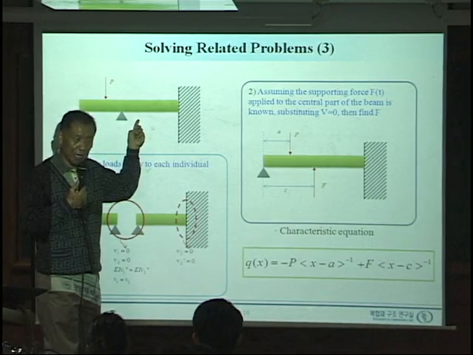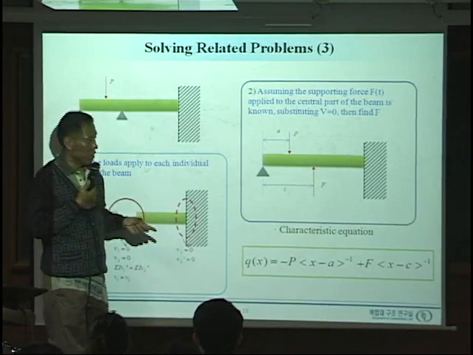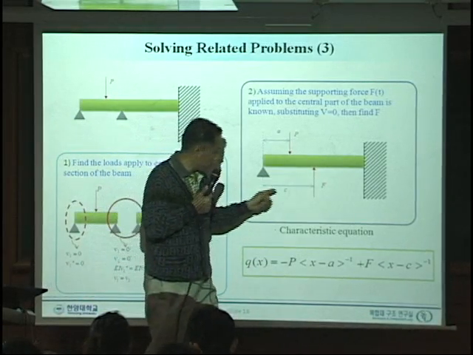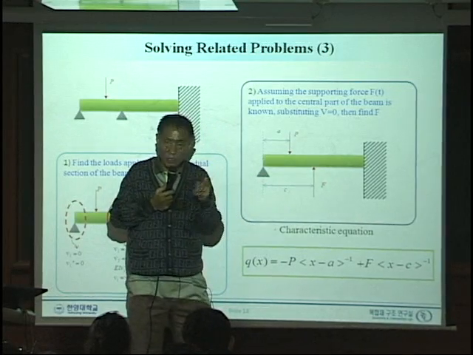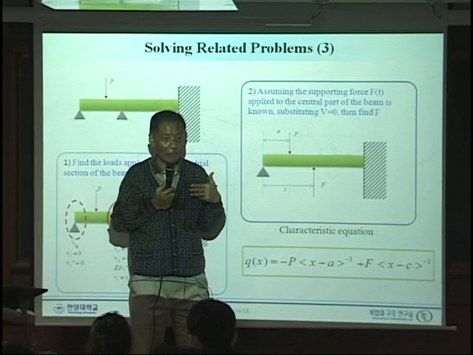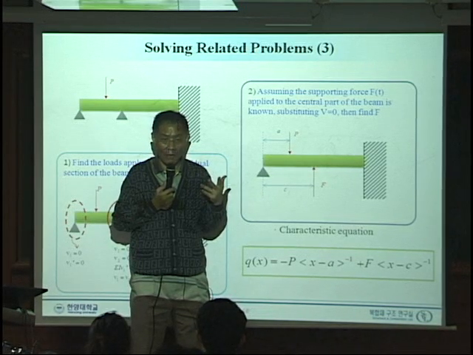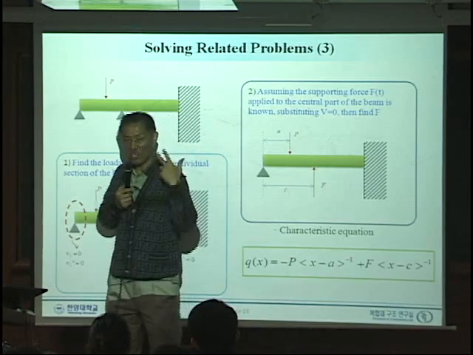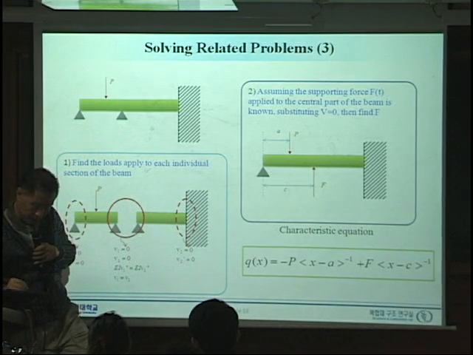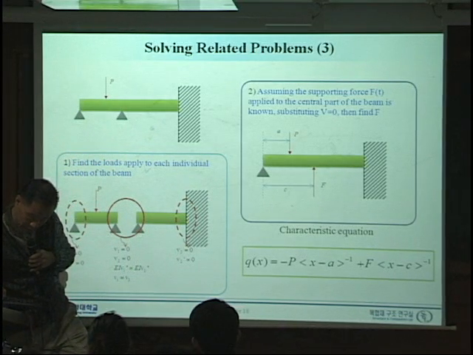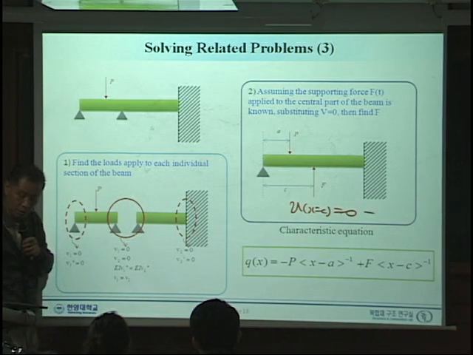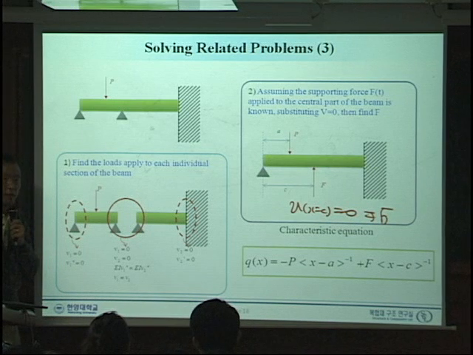Deflection is 0, regardless of this P. So once you get all the equations, at x equals c, the deflection equals 0, then you can get the F. Okay? That's how you get F, using geometric constraint. The geometric constraint here is simply that V at x equals c equals 0. This way you get the F. Okay?